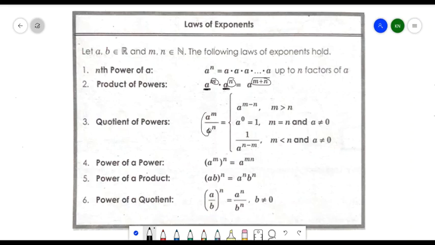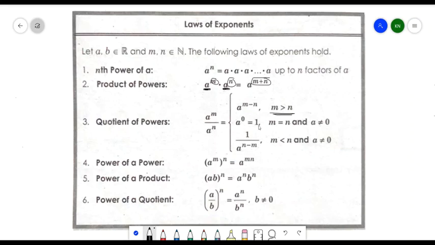Again, if they have the same base, you can perform the corresponding operations with their exponents. So if m is greater than n, the quotient is equivalent to copying the base and then subtracting the exponent of the denominator from that of the numerator. So that gives us a raised to m minus n.